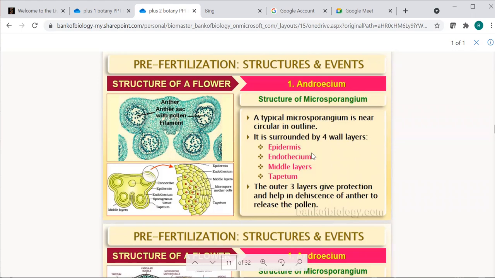So we talked about four wall layers of microsporangium, that is epidermis, which is thin, endothecium, which is thick and has U-shaped thickenings, middle layers which make food, and tapetum is the one which nourishes. Absorbs food.